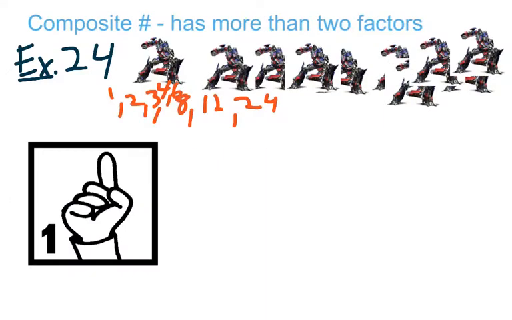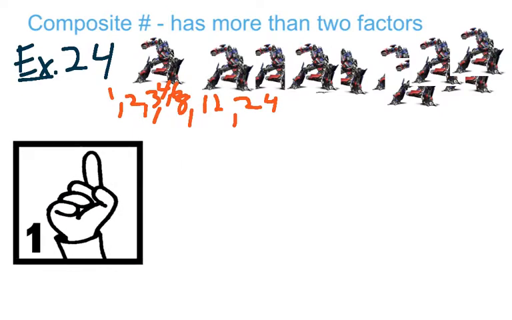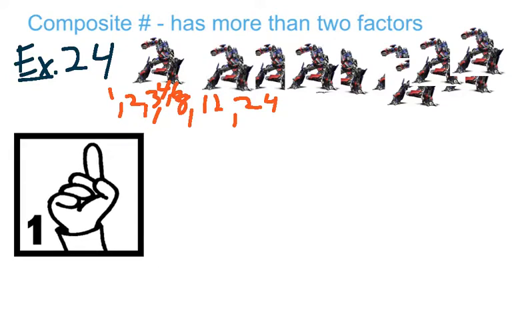Now the number 1 is very unique because the number 1 only has one factor. You can say 1 times 1 is 1, but it's the same factor, so they're not unique. So 1 is neither prime nor composite.